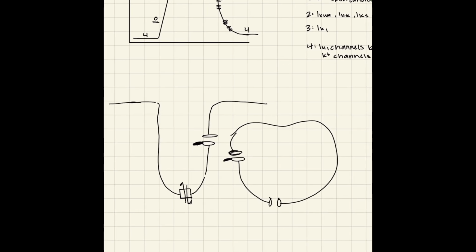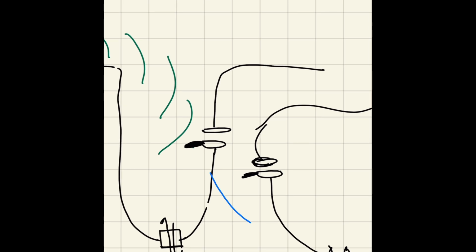Then for how calcium gets in and out of the cell and the sarcoplasmic reticulum and into the cytoplasm, we have an action potential that's going to flow down a cardiac cell, and it's going to hit an L-type calcium channel, and it's going to open the channel, and we're going to have an influx of calcium into the cell, which is going to bind to the ryanodine receptor on the sarcoplasmic reticulum.